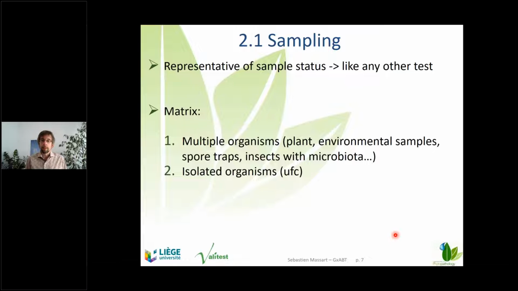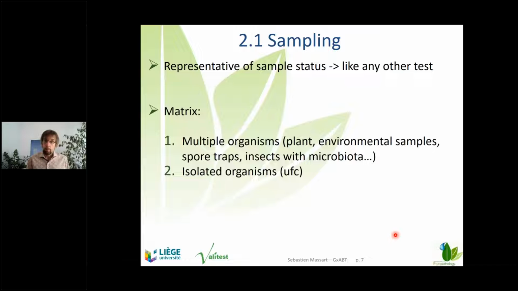But for high throughput sequencing, you may look for this virus, but you are able to find any other virus potentially that is in the matrix. So always think: my matrix is in fact an ecosystem with many organisms. I will show you several examples, and you will be able to detect even organisms that have nothing to do with the symptoms that you have observed, or the health of the plants.